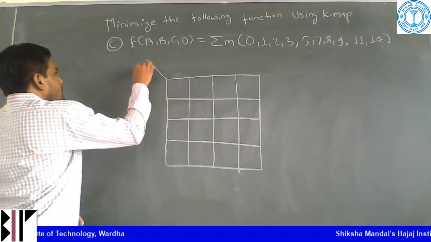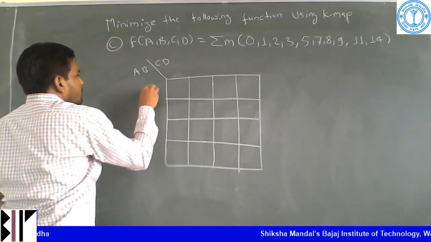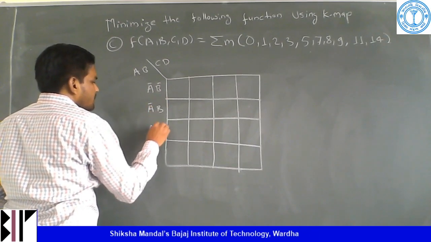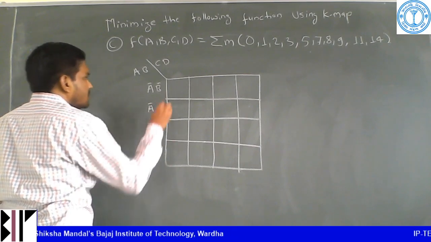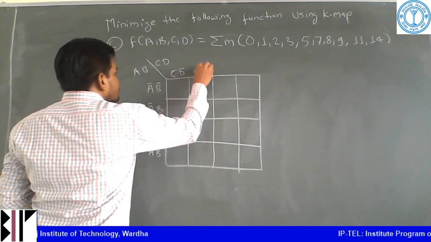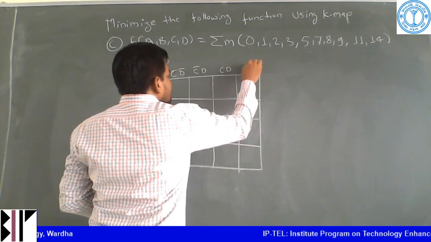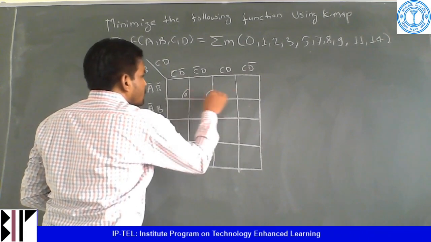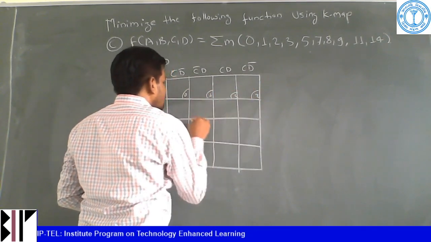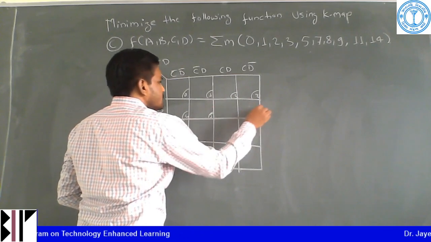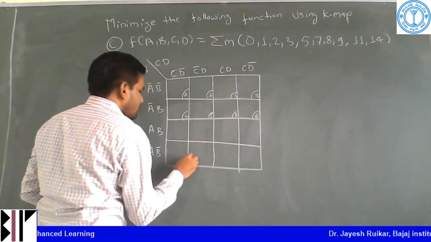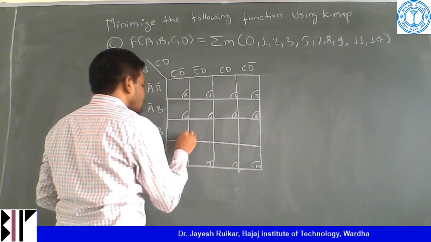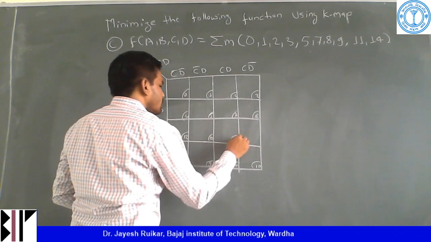So this is my A, B, C, D: A bar B bar, A bar B, A B, and A B bar; C bar D bar, C bar D, C D, C D bar. Okay, I am writing in short the cell numbers 0, 1, then 2, 3, 4, 5, 6, 7, 8, 9, 10, 11, 12, 13, 14, 15.